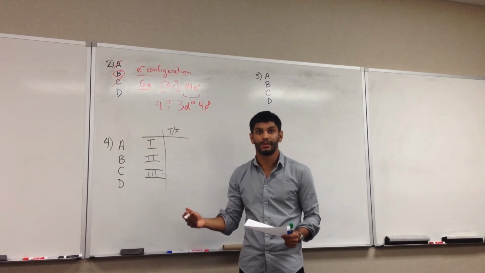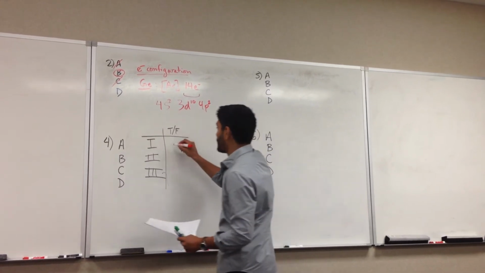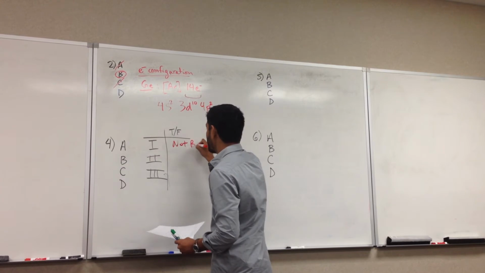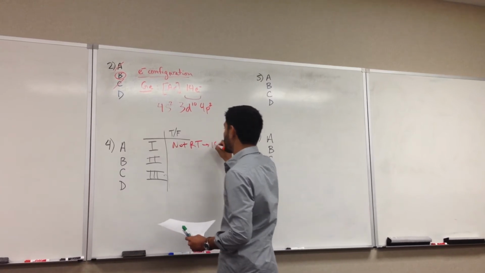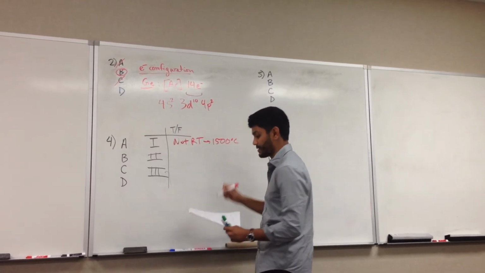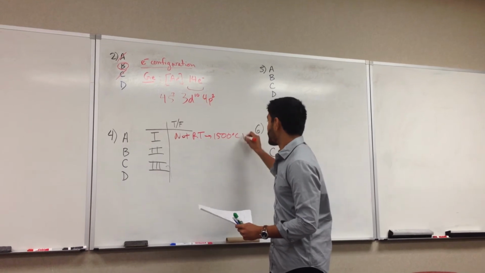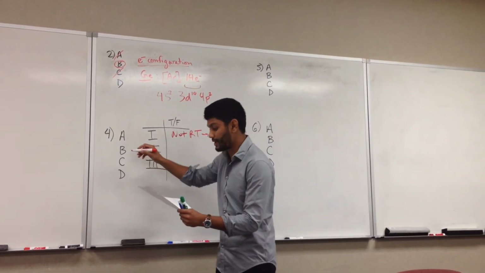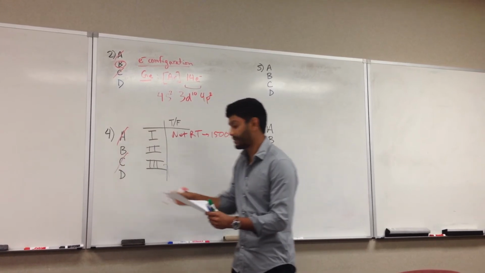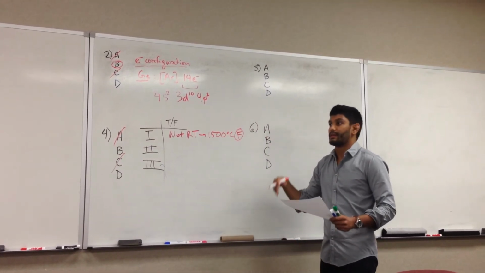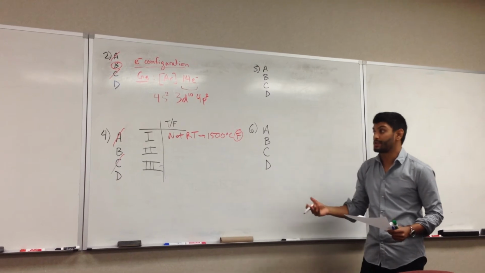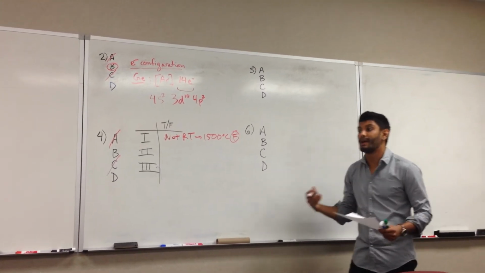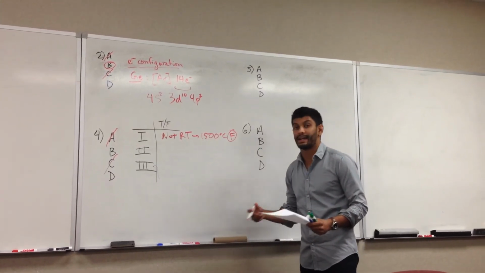Is that room temperature? No. No way. So not room temperature. It's actually very hot, 1500 degrees Celsius, right? So this is false, right? So we can eliminate answer choice 1, and that's found in A and C, okay? So next answer choice, they ask us about structure, bent geometry of SiO2.